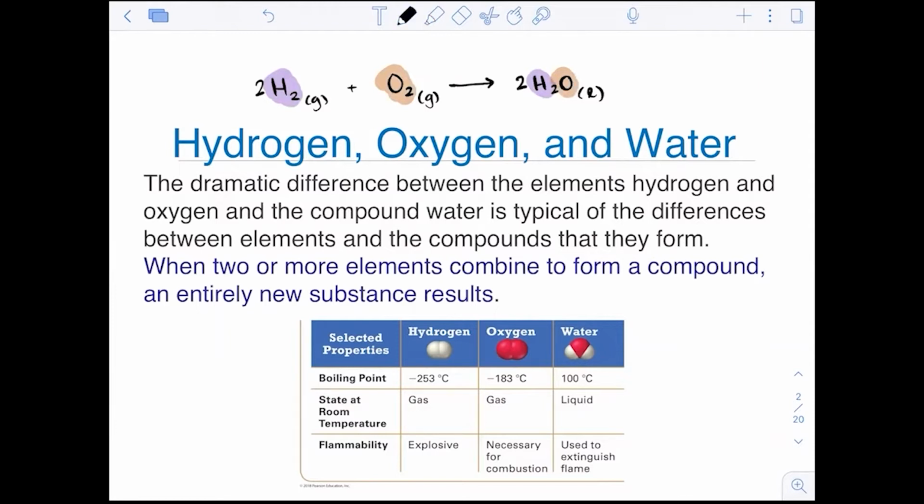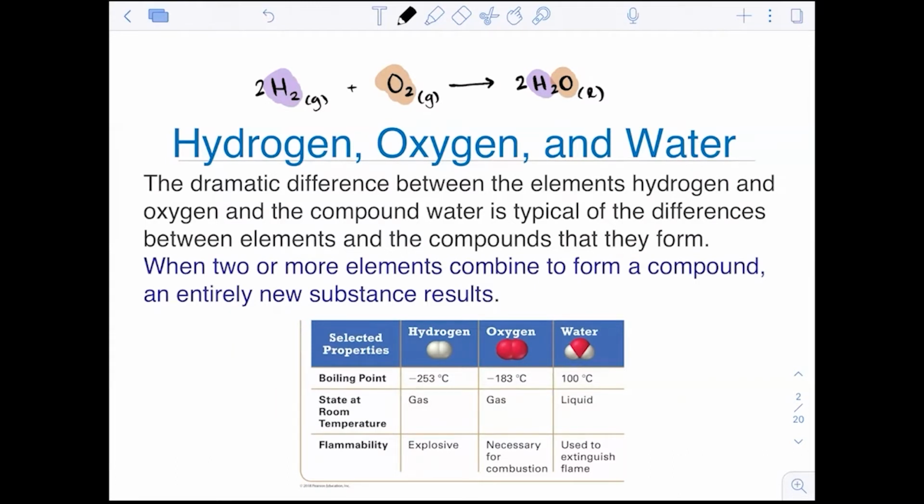What's interesting is that the reactants, even though they are composed of the same atoms as the products, are completely different substances. Namely, hydrogen is an explosive gas. Oxygen is necessary for combustion reactions, so you can think of it as being reactive in explosion reactions.